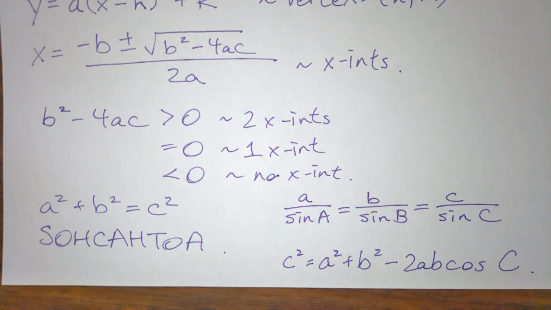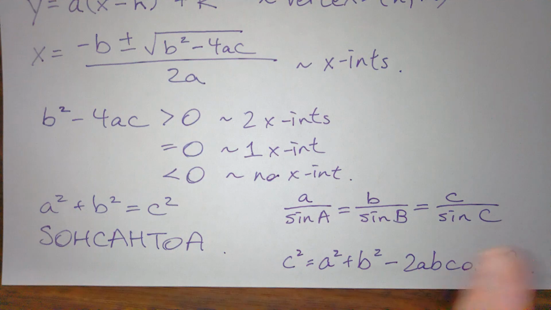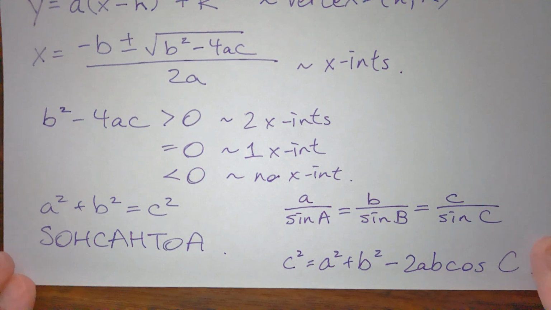Is there two different cosine laws? The other one just helps you solve for the angle, but that's just this rearranged. So instead of having you memorize two formulas, you can always rearrange it after. So this is your formula sheet basically.